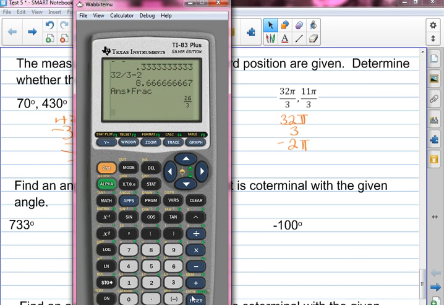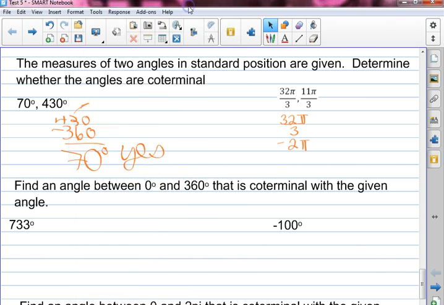Still not quite there yet. So minus 2 again, and that's 20 over 3. I'm going to subtract 2 again. That's 14 over 3. I'm subtracting 2 again, and that's 8 over 3. Did I ever get to 11 over 3? No, I did not, because I never got 11 pi over 3 when I was subtracting by 2 pi. They are not coterminal.